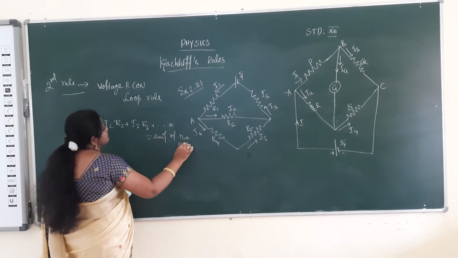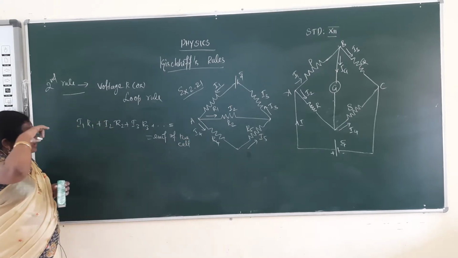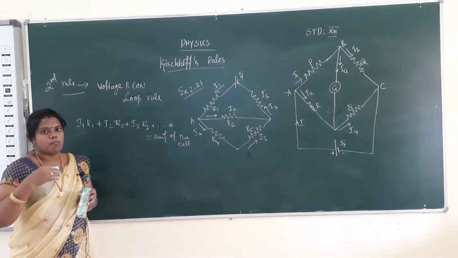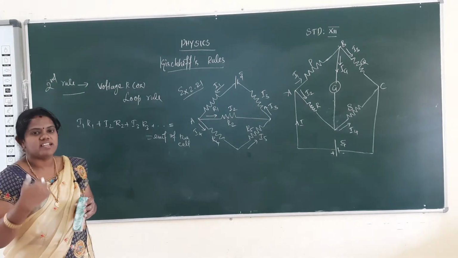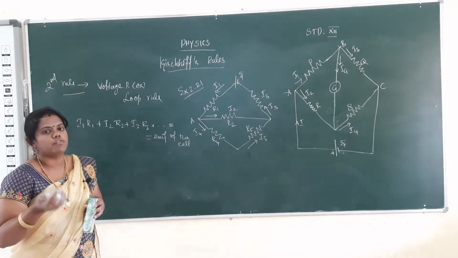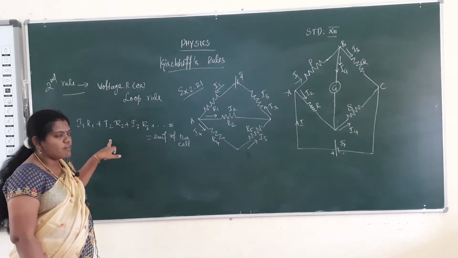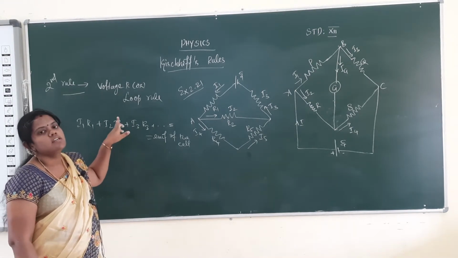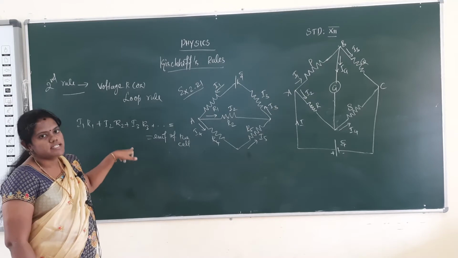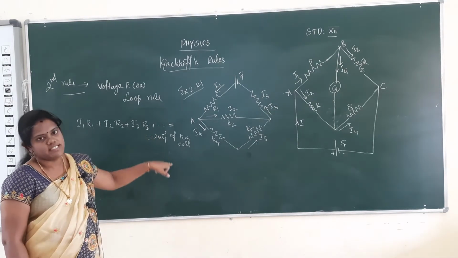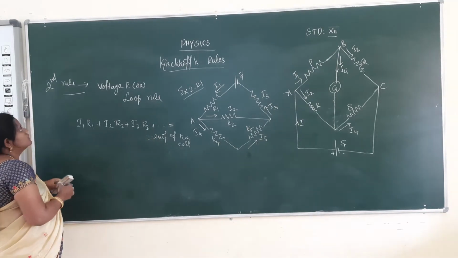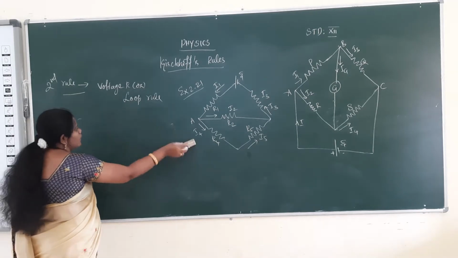So the algebraic sum of the products of current and resistance is equal to the EMF of the cell. This is Kirchhoff's second rule, the voltage rule or loop rule.